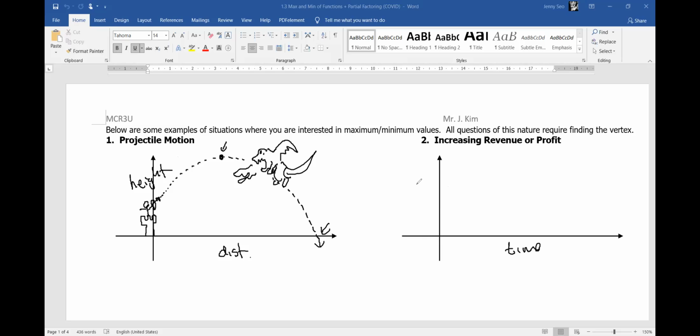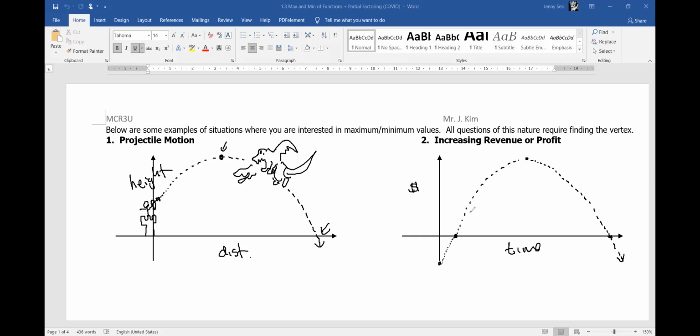You have time, you have money, and as time passes, maybe when you're starting a business, you're actually in the minus when it begins. But as you work on it, you're finally breaking even, and then it goes up, and you're like, yay! But as more time passes, maybe the popularity decreases, and your actual profit starts to go down to the point where you're not making profit at all.